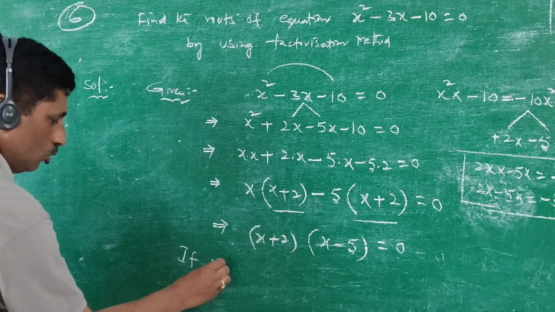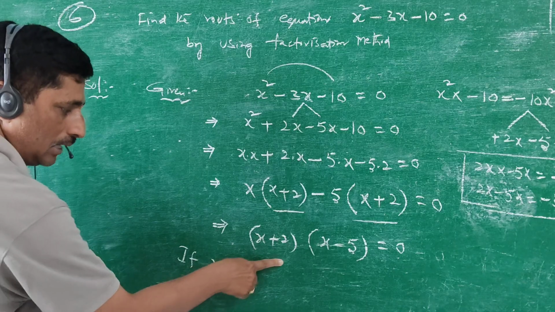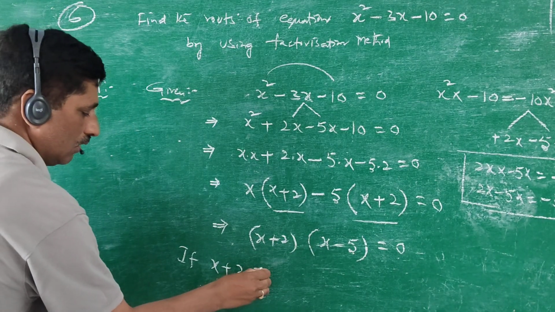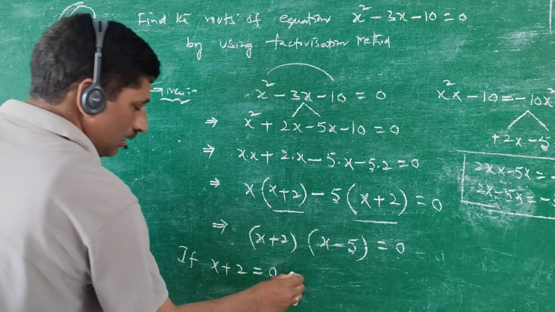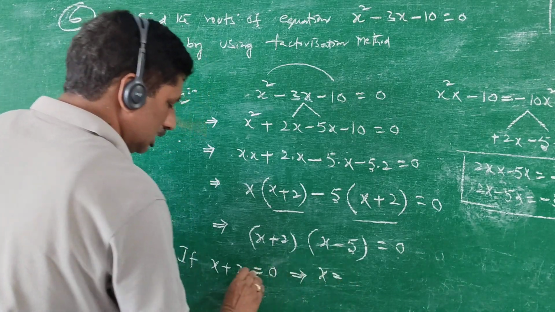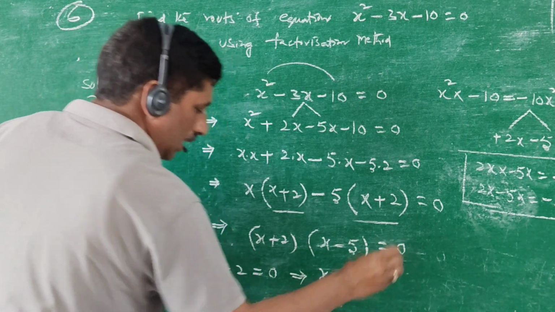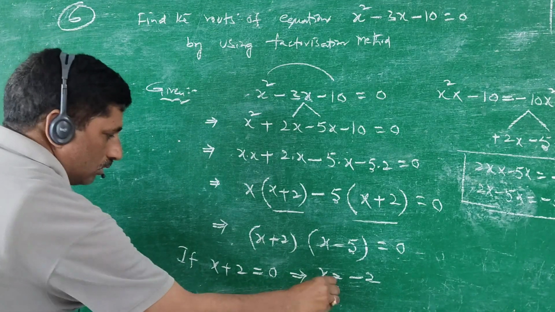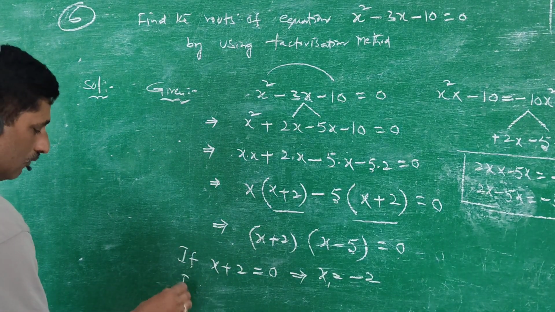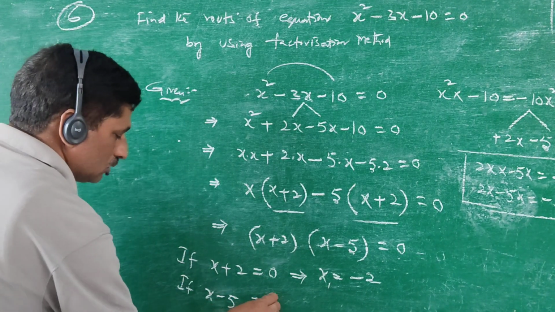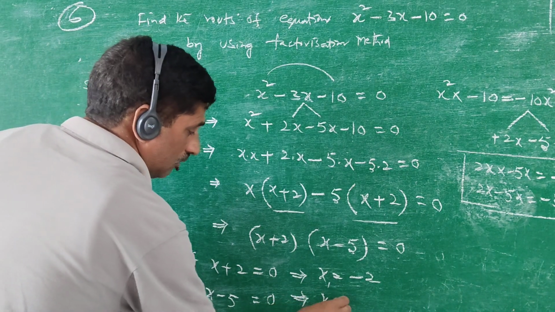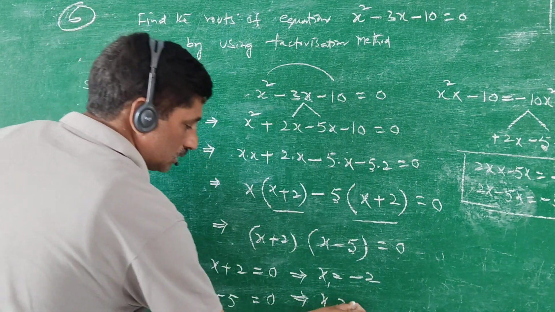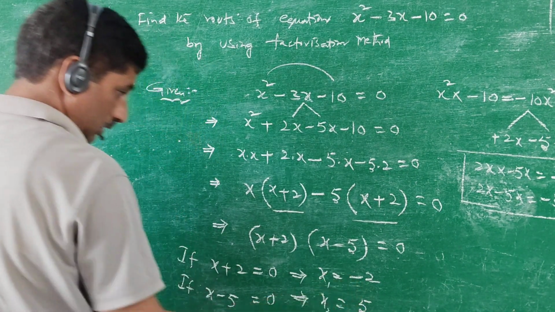The first factor: if x plus 2 is equals to 0, then x is equals to, if this plus 2 is transposed to the right side, it will be minus 2. This is the first root. Then if the other factor x minus 5 is equals to 0, then x is equals to, minus 5 transposed to the right side, becomes plus 5. This is the second root.